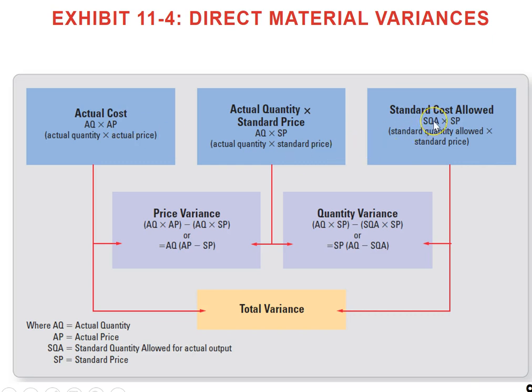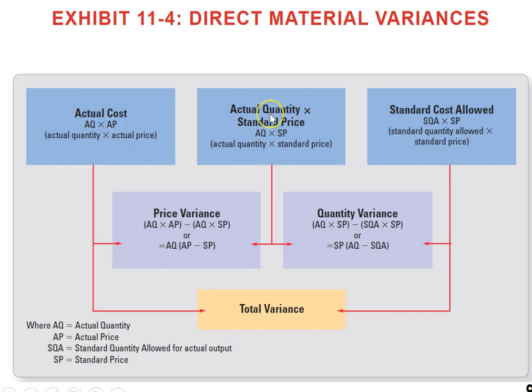Now if you see the other end of these boxes, the rightmost box is all standard. It says standard quantity multiplied by standard price. Standard quantity allowed or standard quantity is all the same. So this extreme right-hand side box is all standard cost based on your standard quantity and standard price, and the left-hand side box is the actual cost based on your actual quantity and actual price.